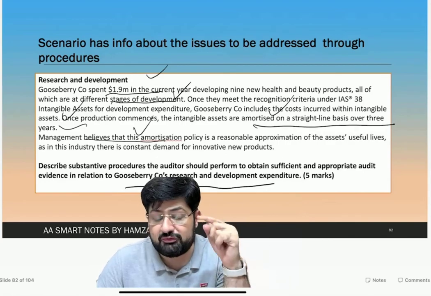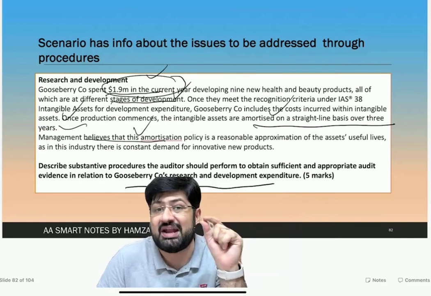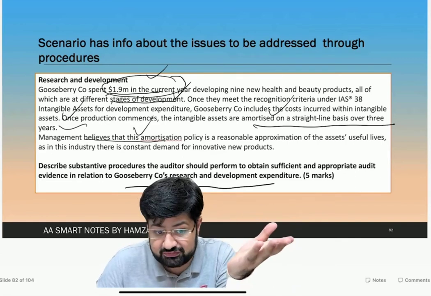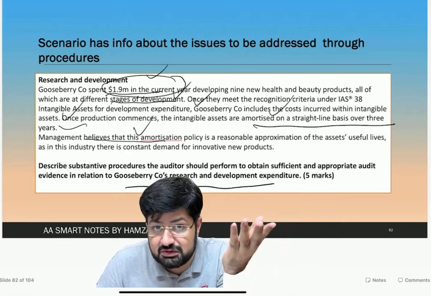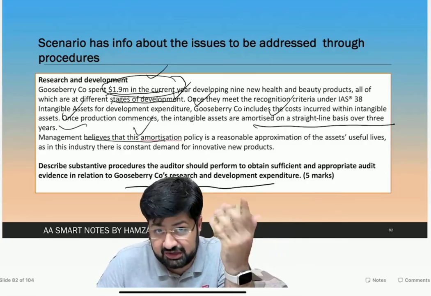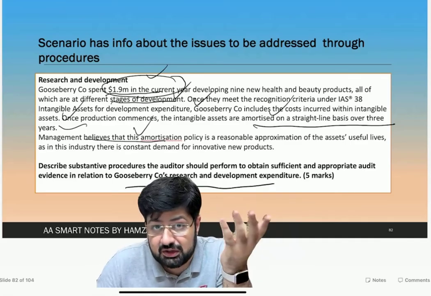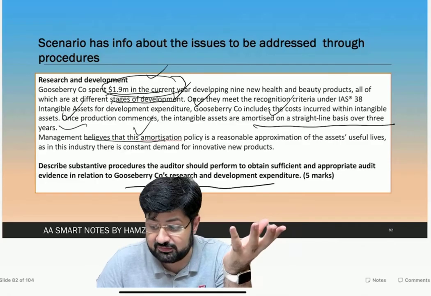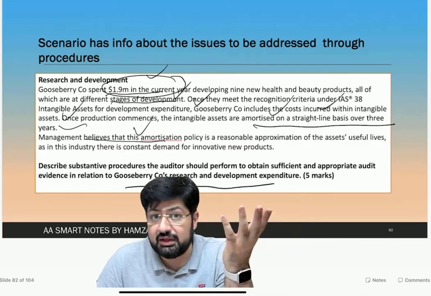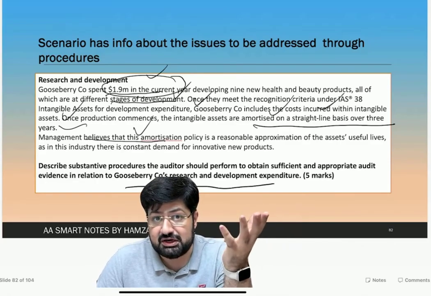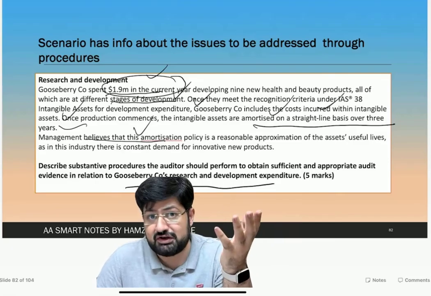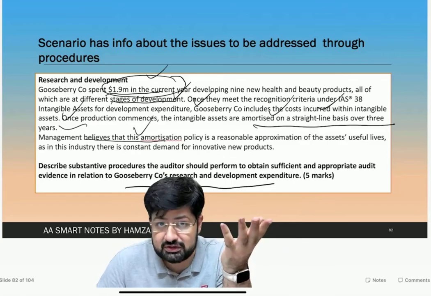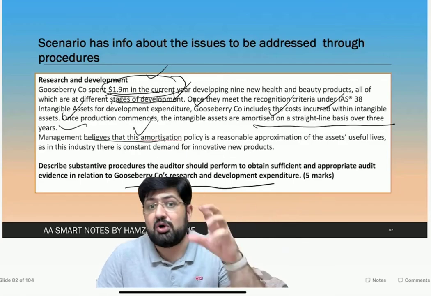You need to perform substantive tests to verify the 1.9 million breakup, that it does not include any research cost. For the stages of development, you need to confirm the technical feasibility and the commercial feasibility of the product through substantive tests. Then you need to verify that the straight line amortization over a 3-year life is accurate and the assumptions are correct, and of course recalculate it to verify whether the amortization charge is correct.